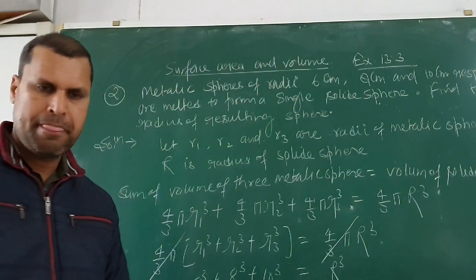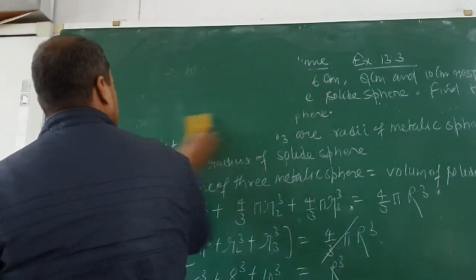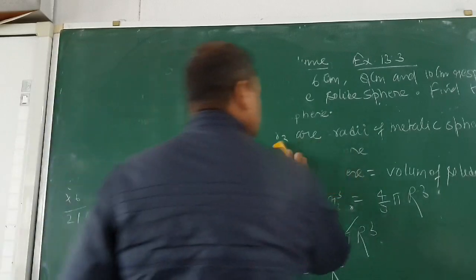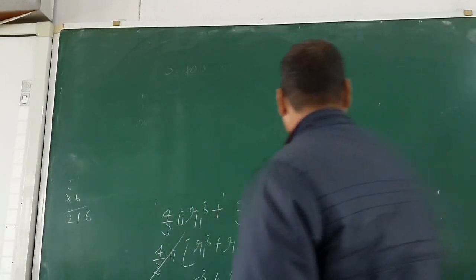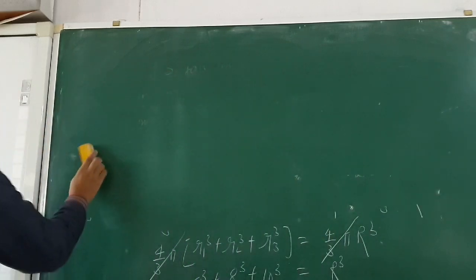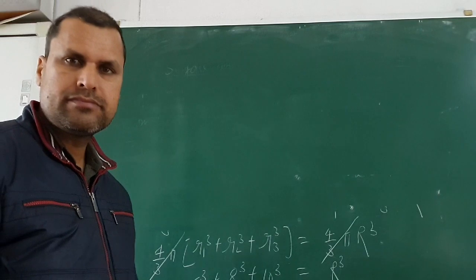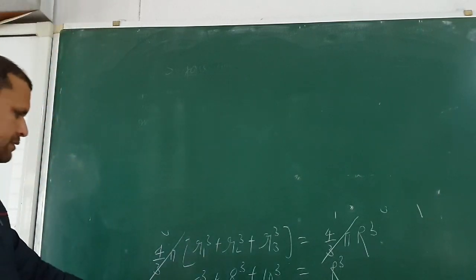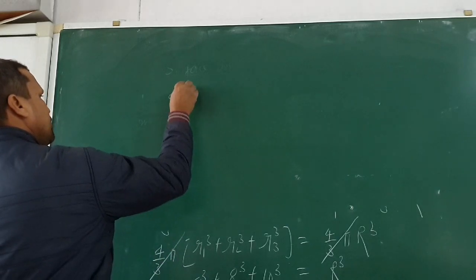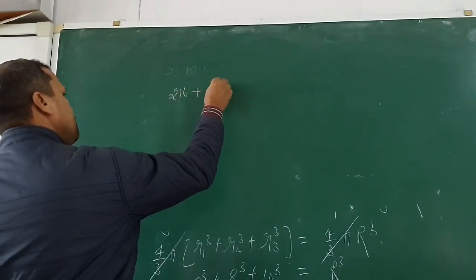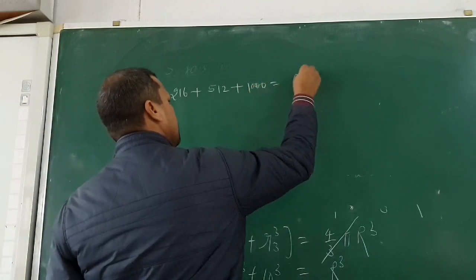Now, 216 plus 512 plus 1000 equal to R cube.